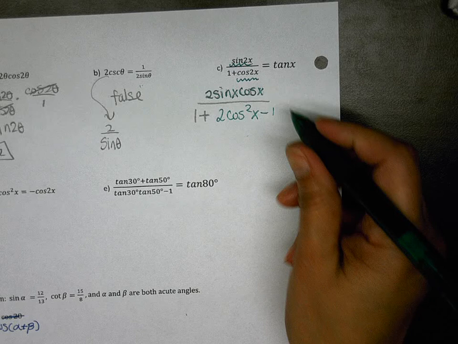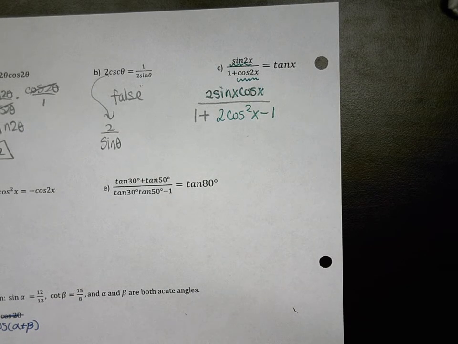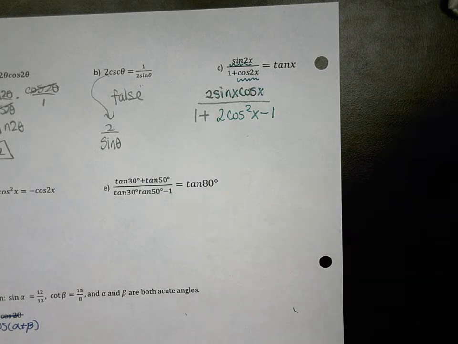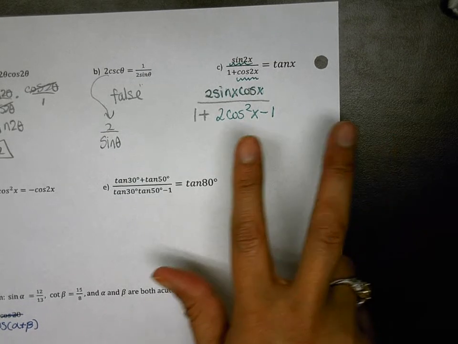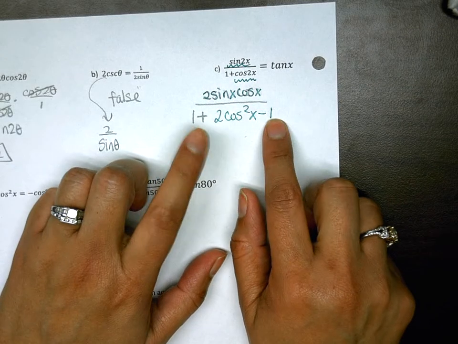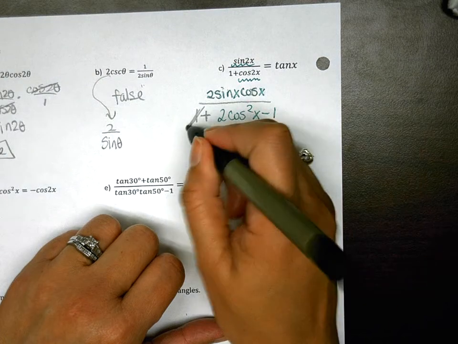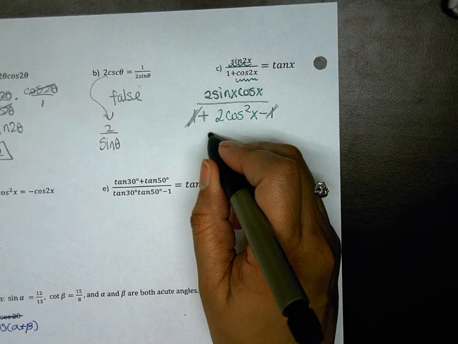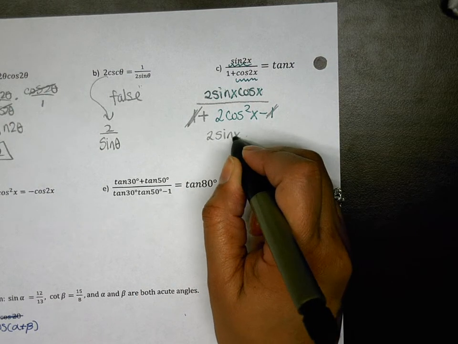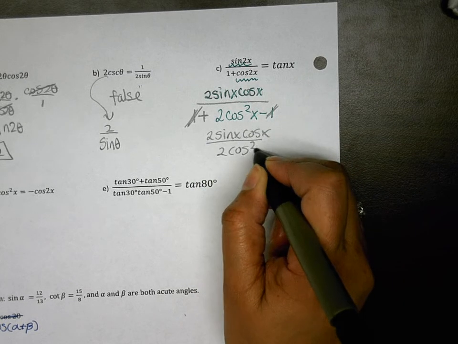There's really no reason other than what I'm going to tell you right now. Are you ready? I didn't pick the first one because I didn't want to use anything with sine squared and cosine squared, and rarely do we ever pick the first one. We never really pick it. I picked this one only because what did I want to happen to the ones? I wanted the ones to cancel out, which leaves me with 2 sine x cosine x over 2 cosine squared x, which would then allow me to what?